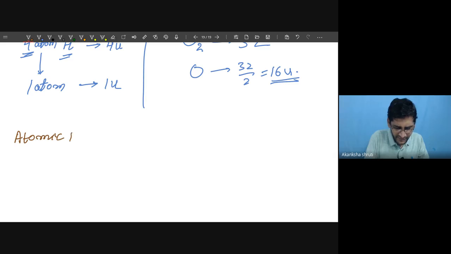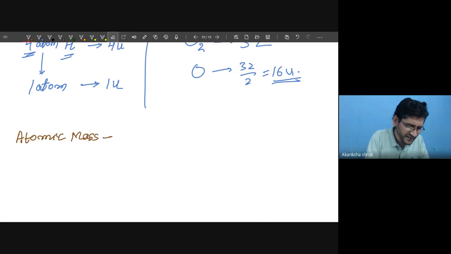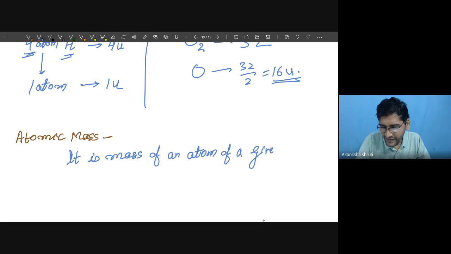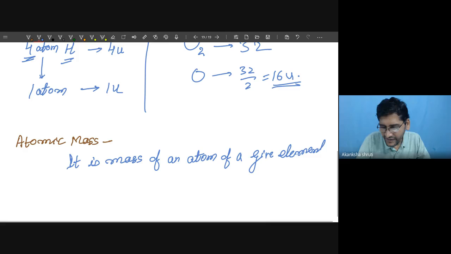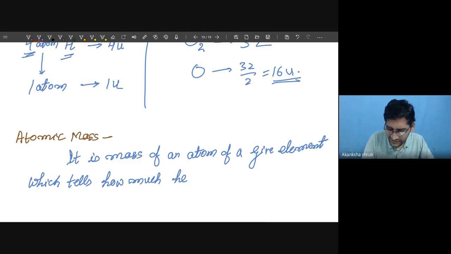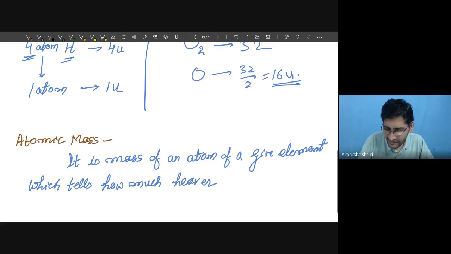Atomic mass is the mass of an atom of a given element, which tells how much heavier it is than the unit used.